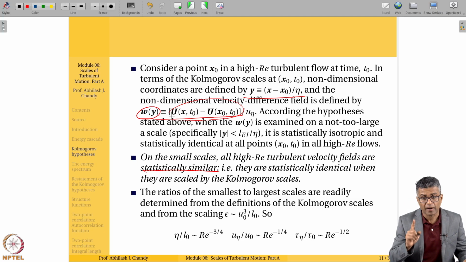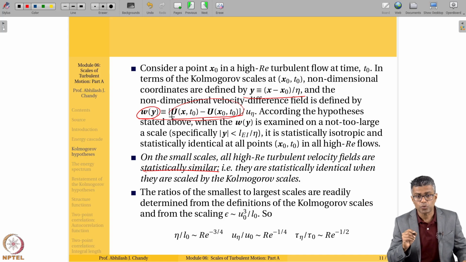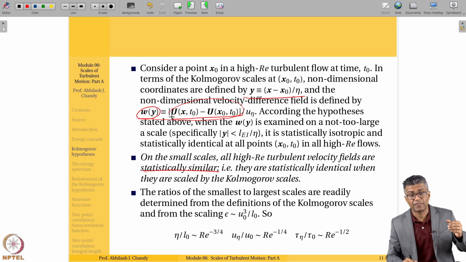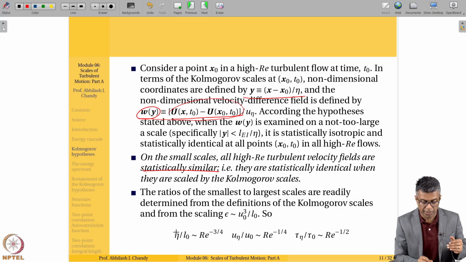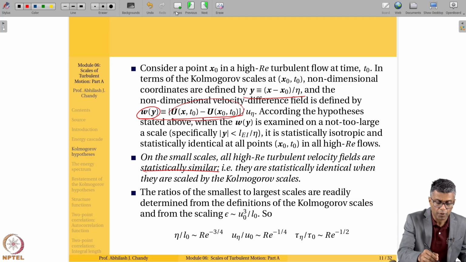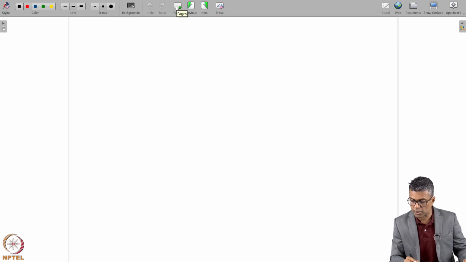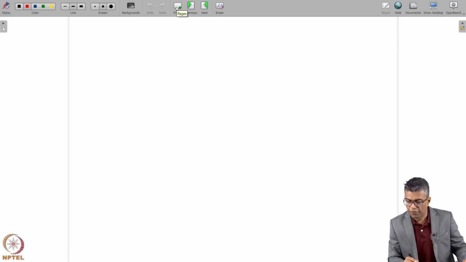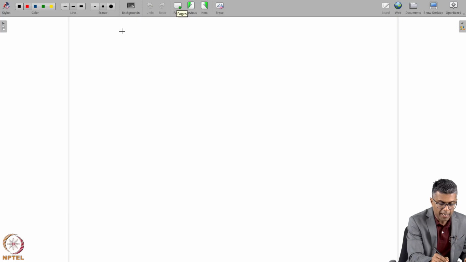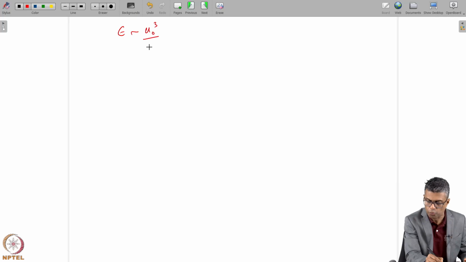And we also derived one more thing by trying to derive the ratio of the smaller scales to the larger scale, something like eta over L0. What did we do? So here is where I would like to show something. If I have my epsilon, my dissipation rate, I know that it is approximately equal to u0 cubed over L0, isn't it?